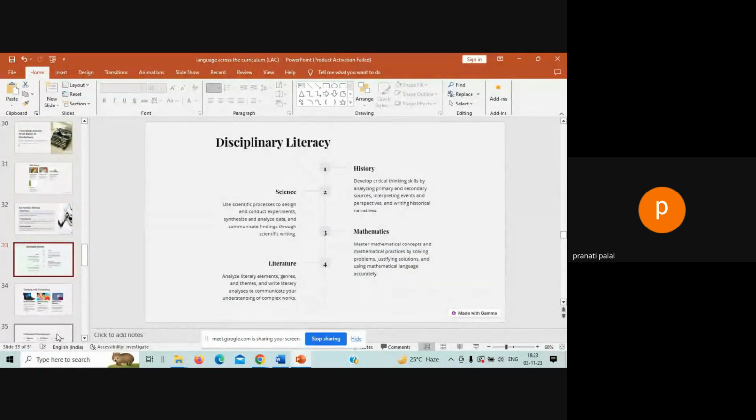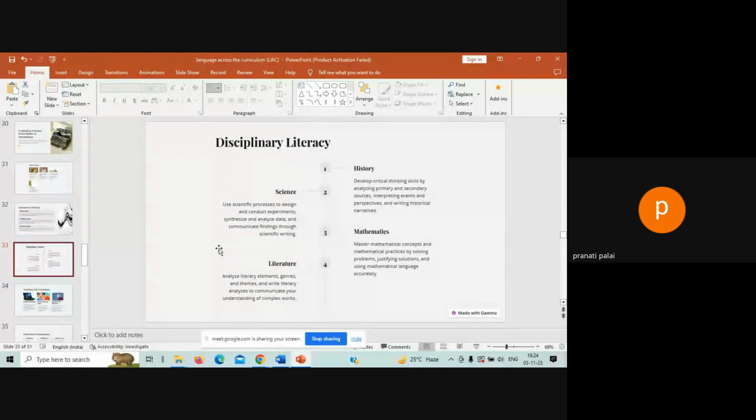Next is your disciplinary literacy, which is divided into different subjects. In science, use the scientific process to design and conduct experiments, synthesize and analyze data, and communicate findings through scientific writing. In history, develop critical thinking skills by analyzing primary and secondary sources, interpreting events and perspectives, and writing historical narratives.